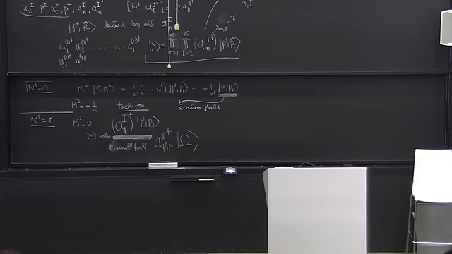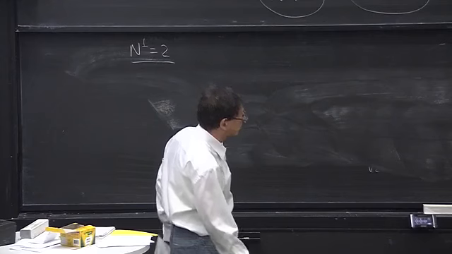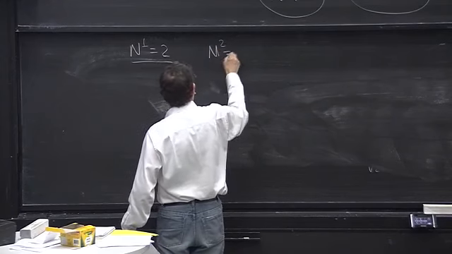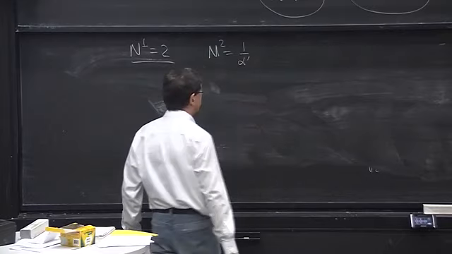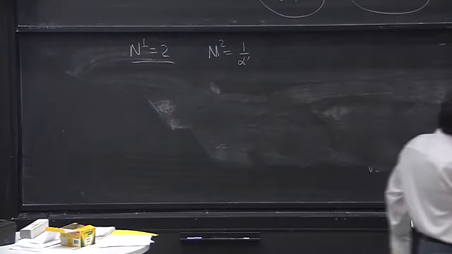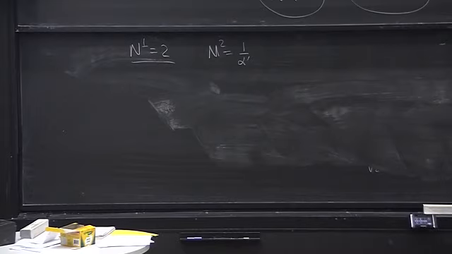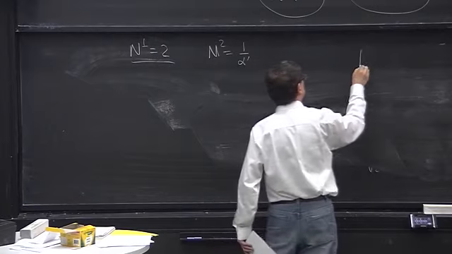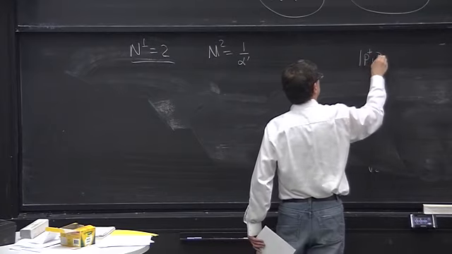And n perp equals 2. OK, how do we get n perp equals 2? Well, that's going to be m squared equal 1 over alpha prime over there. And now I have to get things with n perp equal to 2, acting on P plus P transverse.